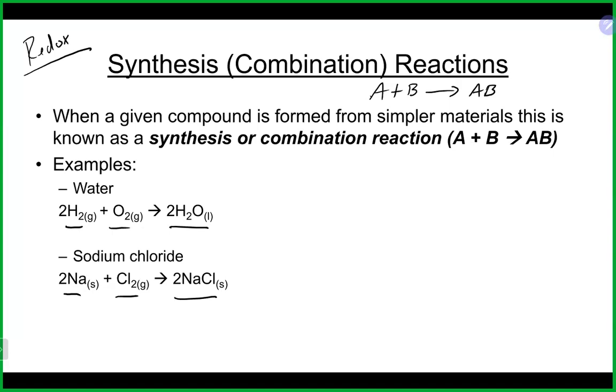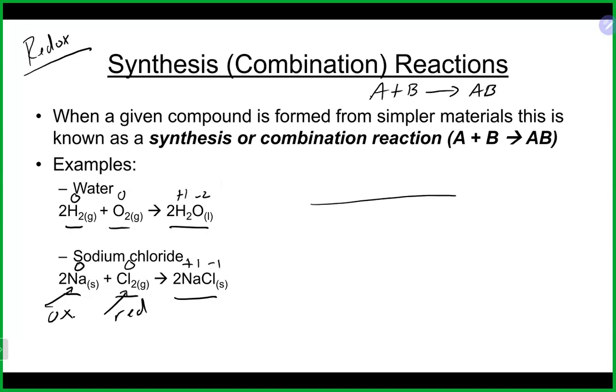Each of these are still redox reactions. We did this one earlier, right? 0, 0, +1 and -1, right? Oxidizing and reducing. This one being oxidized, this one being reduced. Hydrogen by itself, no charge. Oxygen by itself, no charge. -2 for the oxygen, +1 for the hydrogen here.